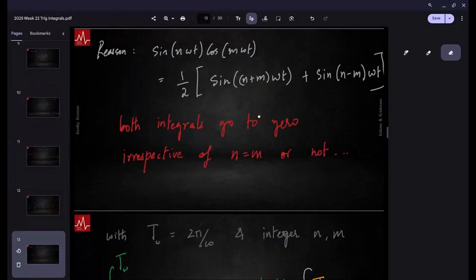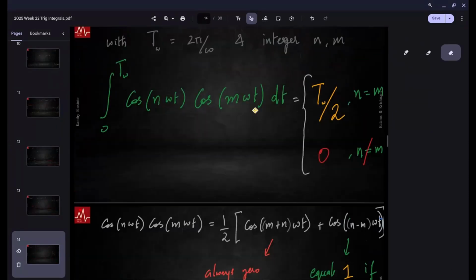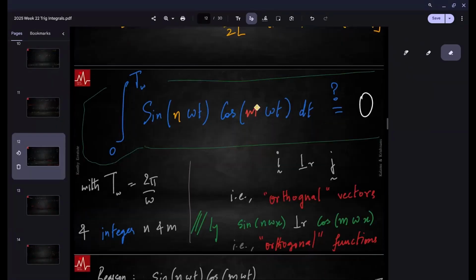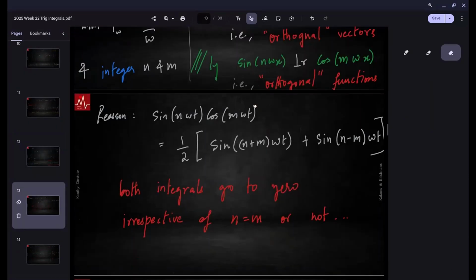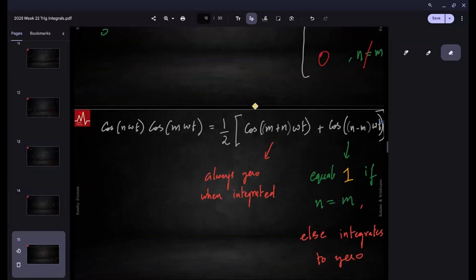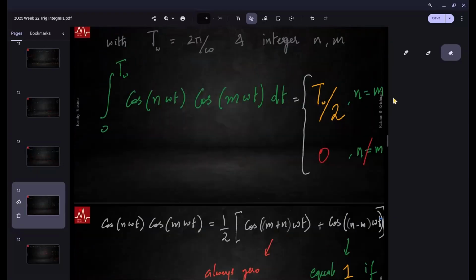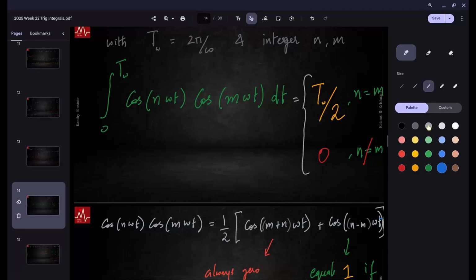So one last thing and we'll wind up. So we did cos. Sin cos is going to be always 0. They are perpendicular. And so notice, there is something to notice.